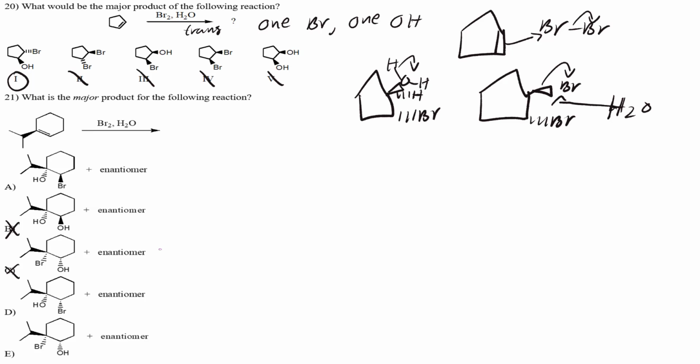Yeah, so D is wrong because you have a cis relationship between the alcohol and the bromine. Again, cis, wrong. It should be trans, so it should be A. Also, what happens if we had this?